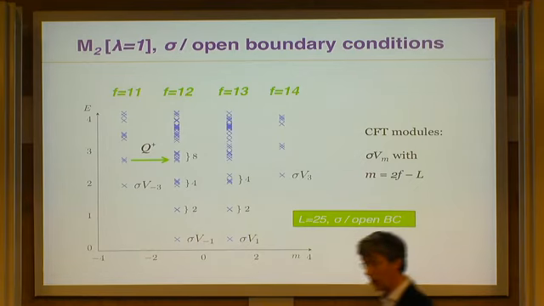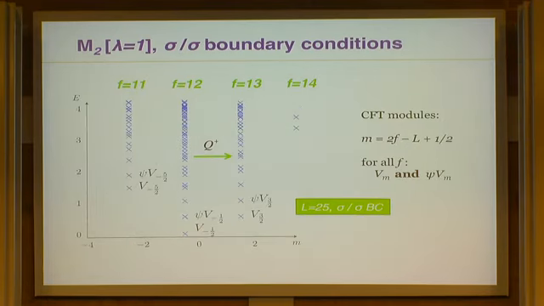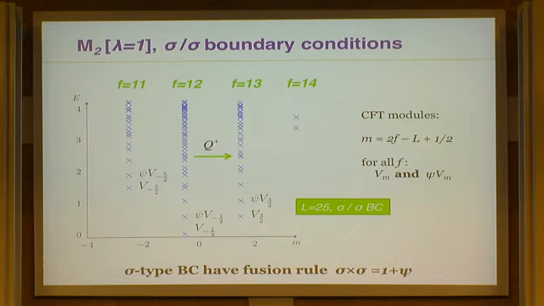And if I put sigmas on the two ends, that's kind of funny. So you go back to 1 and psi modules, but now you see before I had either 1 or psi for a given fermion number, now I have both of them. So what happened, I put sigmas on the two ends by doing these funny boundary conditions, and sigma times sigma equals 1 plus psi, and you see kind of an abelian fusion happening here in these spectra, which I guess is not too surprising once you understand that our microscopic choice of boundary condition is like a sigma field on the end, it's like a boundary condition in the CFT, and if you have two of those, there's all the Cardy rules that tell you what kind of modules to expect, and you see this kind of nice rule play out in front of your eyes if you follow these spectra.